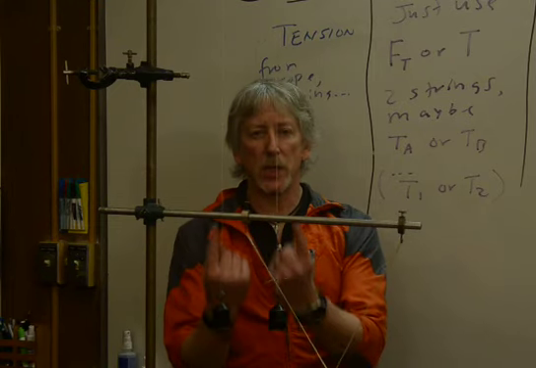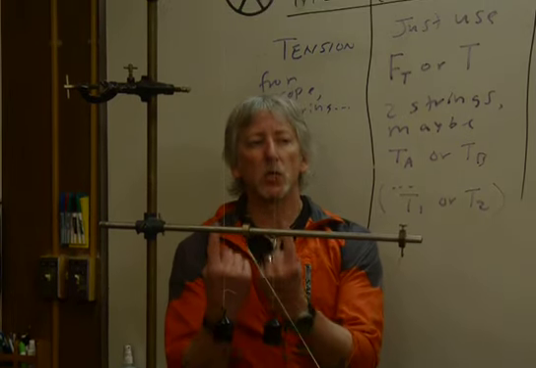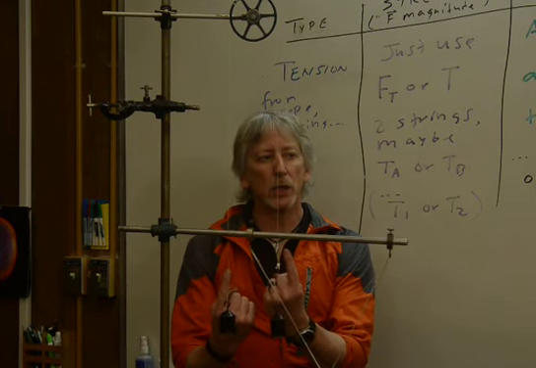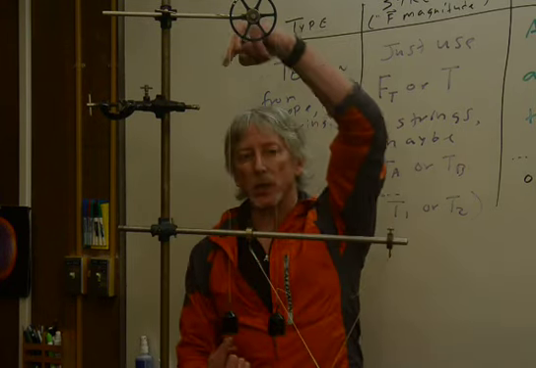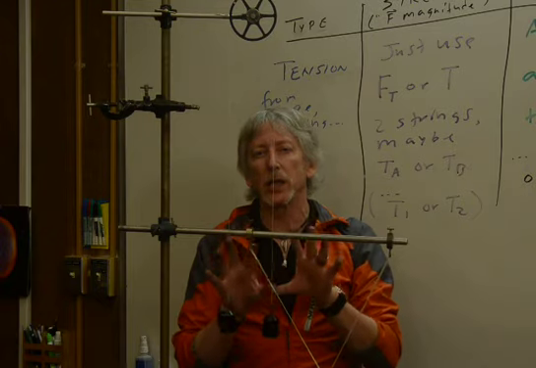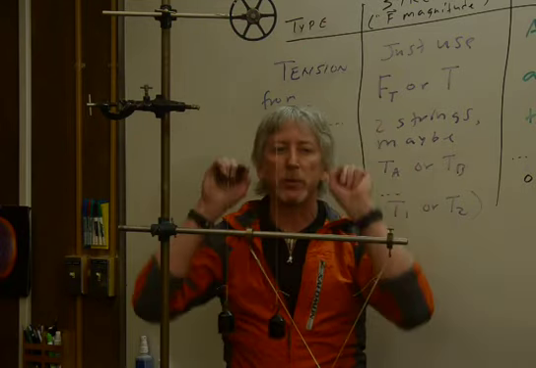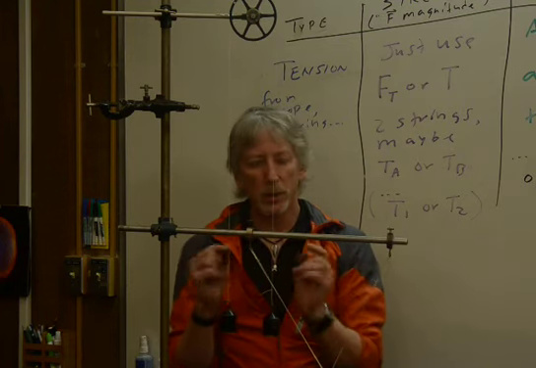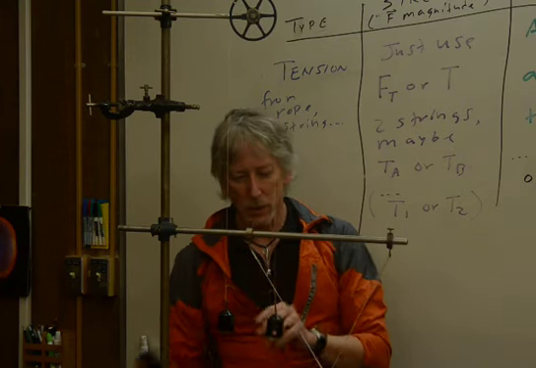And so here the tensions are the same in strength, but not in direction around the pulley. We're going to get to pulleys later. We'll get to the effective pulleys, okay? Here they're both up. Suppose, this gets a little tricky.